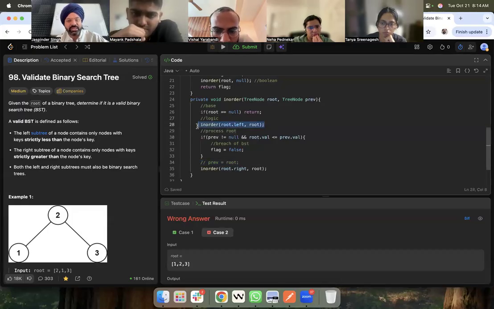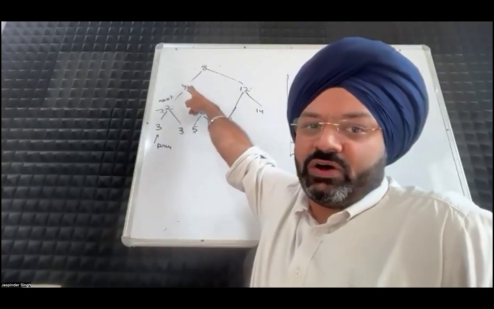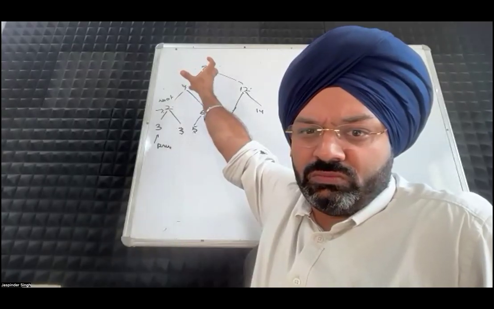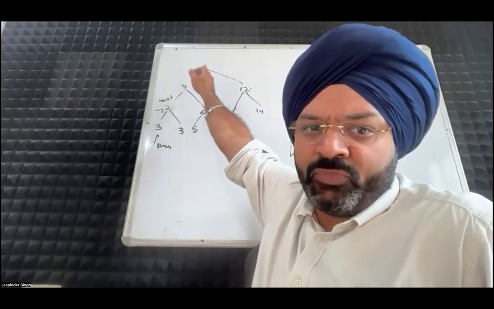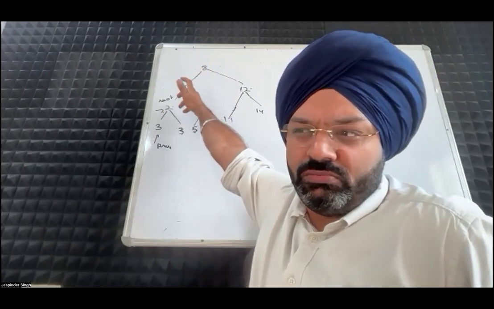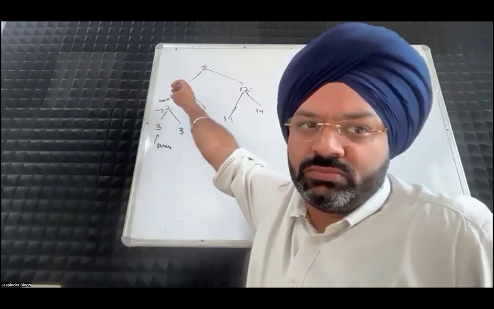Okay, if you are saying this, then you are missing one of the things. Was I doing this? That when I went to 4, I'm making the previous of 4 equal to 8. Or when I'm going to 2, the previous of 2 should be 4. No, we are not doing that.